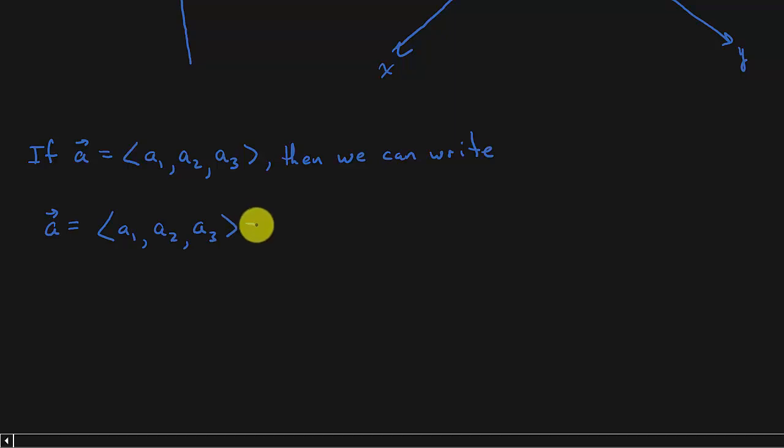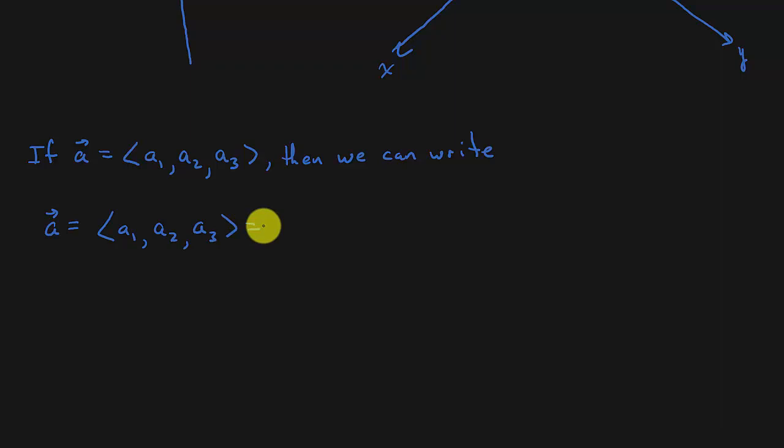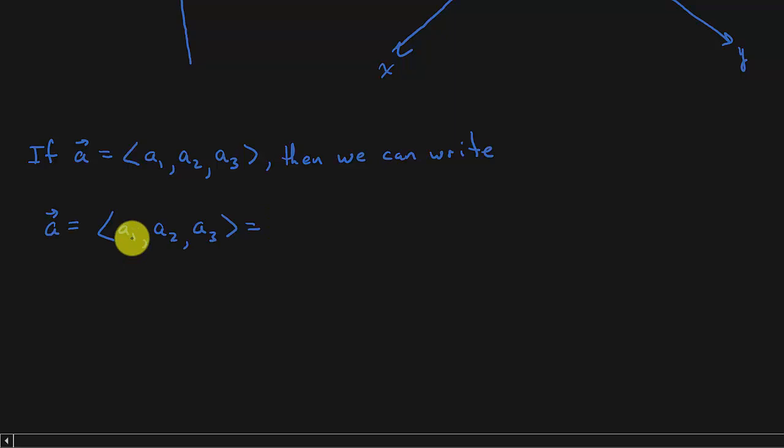Now, this is equal to, okay, so let's suppose that we added 3 vectors together to get this. That would be what? That would be A1, 0, 0, okay, plus 0, A2, 0, plus 0, 0, A3.